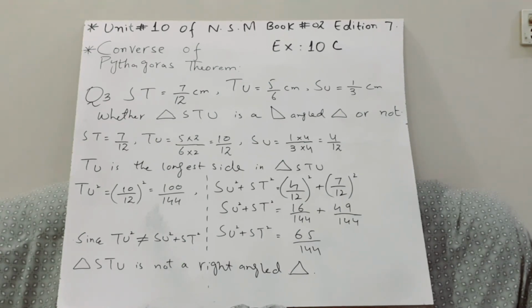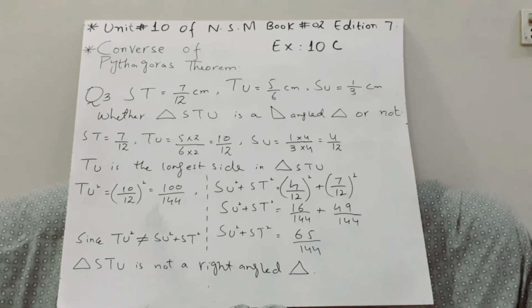We have to multiply the numerator by 2 as well. So 5 times 2 is 10, 6 times 2 is 12. So the TU length is 10/12.